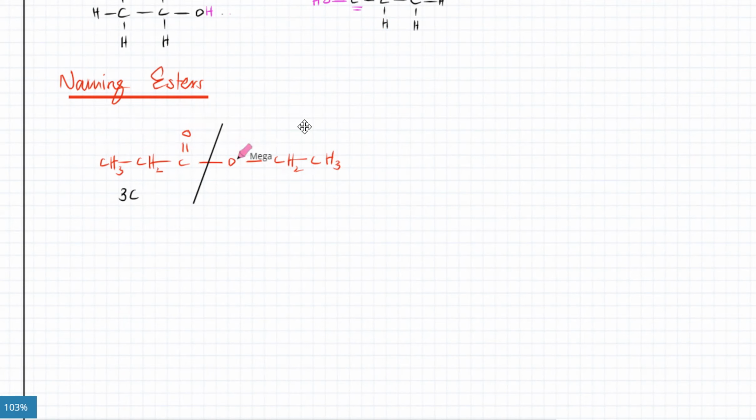One is on the right side of the ester, the other one is on the left side of the ester, and the middle part is your ester. तो यहाँ पे left side पे there are 3 carbon atoms, right side पे there are 2 carbon atoms. So what do you call 3 carbon atoms? 3 carbon atoms is called prop. What do you call 2 carbon atoms? 2 carbon atoms are known as eth.